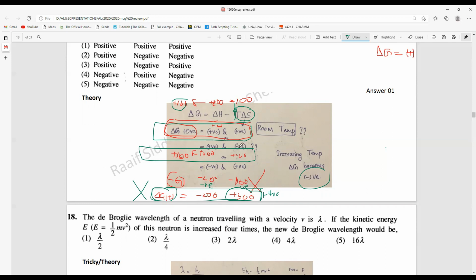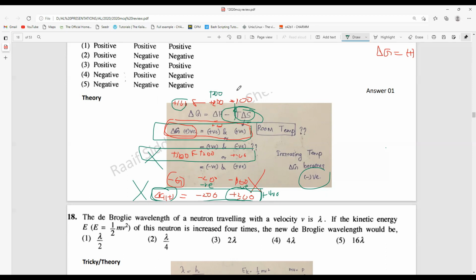And the second one is again very similar, because this is a positive value and this is also a positive value. So you are never going to get a Gibbs free energy that is negative. So the only possible option is this. How? See here, if delta S is positive and you increase the temperature, you will get a more negative answer here, because positive times negative is negative. For example, initially we used this one as 200.